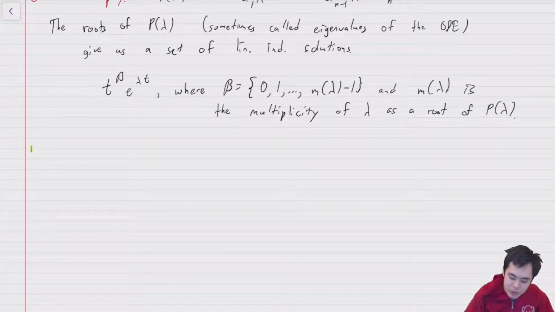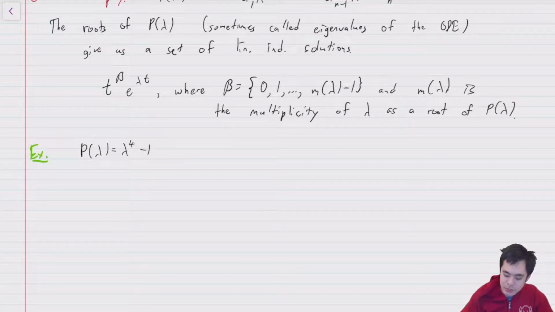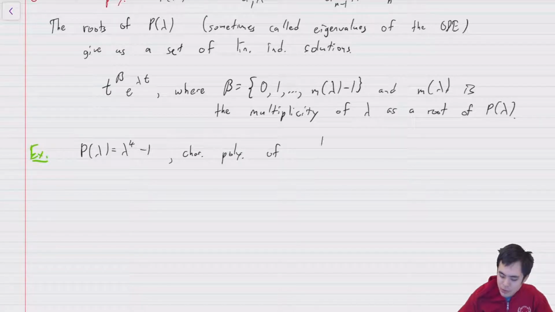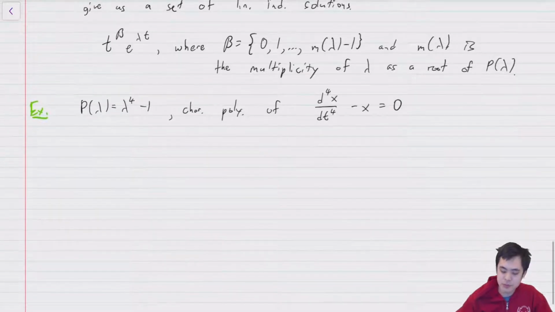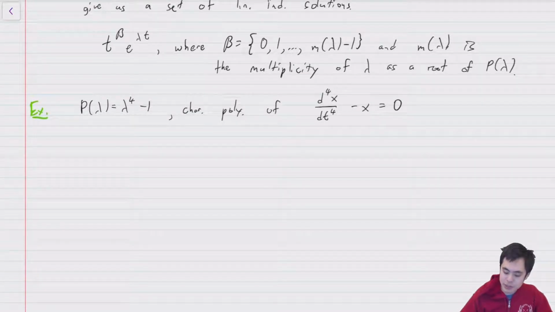And let's give a couple of examples. So if we have p of lambda is equal to lambda to the fourth minus 1, this is the characteristic polynomial of the equation d to the fourth derivative of x with respect to t minus x is equal to 0. We factor it and set it equal to 0.